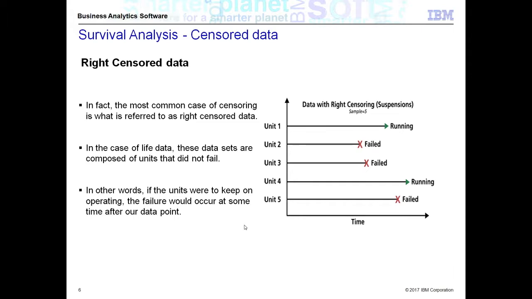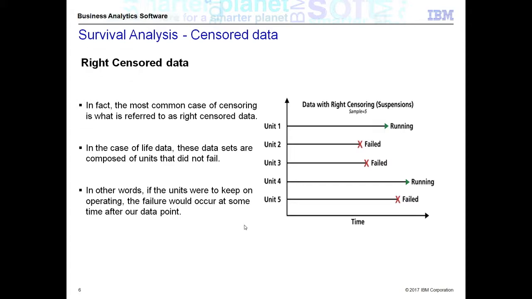Next, I will introduce the right censored data. In fact, the most common case of censoring is what is referred to as right censored data. In the case of life data, these data sets are composed of units that did not fail. For example, if we tested 5 units and only 3 had failed by the end of the test, we would have right censored data for the 2 units that did not fail.